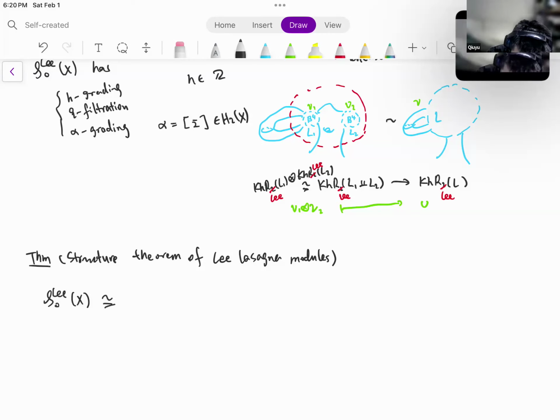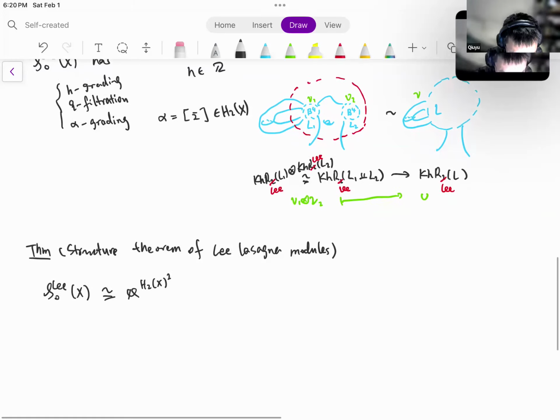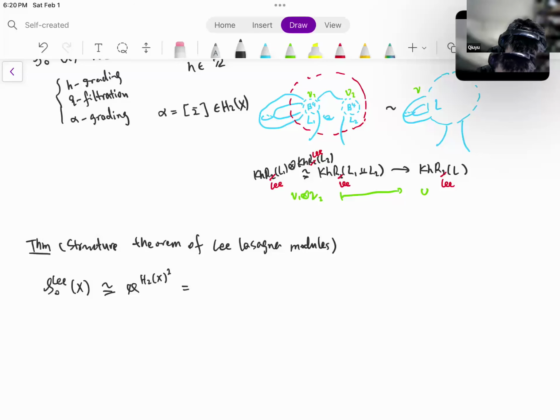So as a vector space, the Lie skein lasagna module of a four-manifold is generated by a pair of second homology classes over Q. More explicitly, it's a Q vector space generated by some formal variables x_{alpha plus, alpha minus}, where alpha plus and alpha minus are both second homology classes of my four-manifold. So this is an isomorphism of vector spaces.